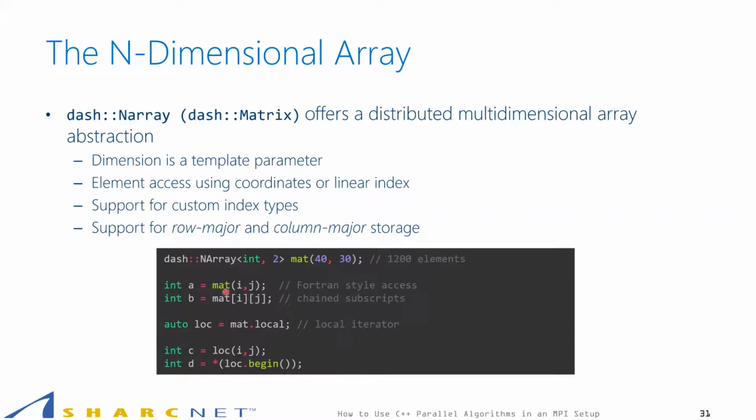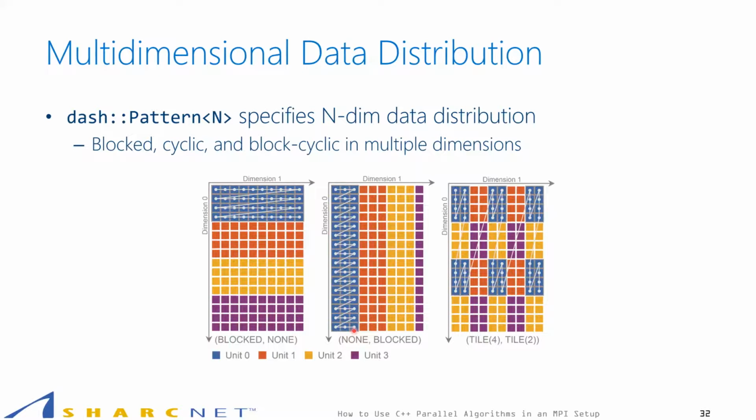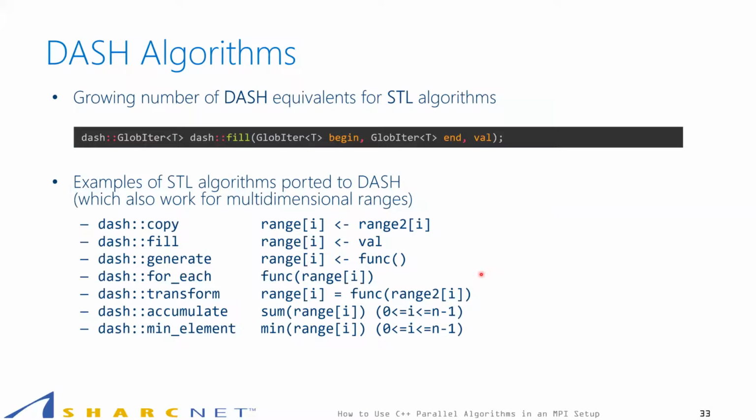Then you can refer to each element using Fortran style access or C chain subscripts access. You can also access it using the local iterator. Patterns can also be applied to n-dimensional arrays, and blocked, cyclic and blocked cyclic over multiple dimensions are all supported like this.